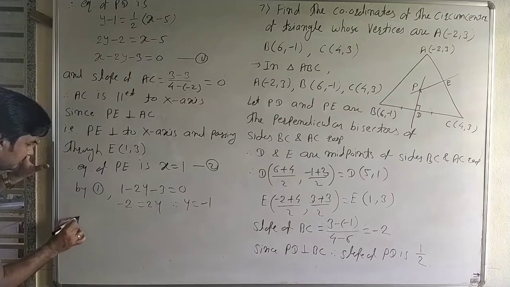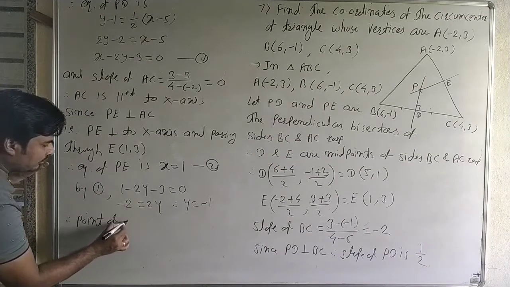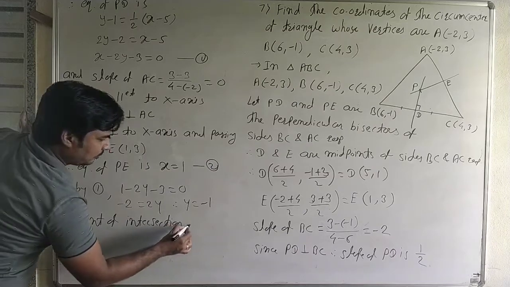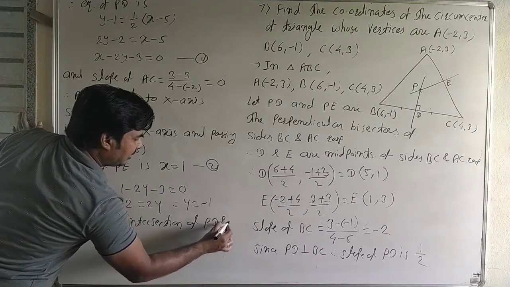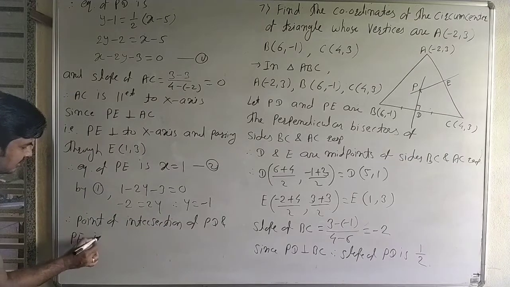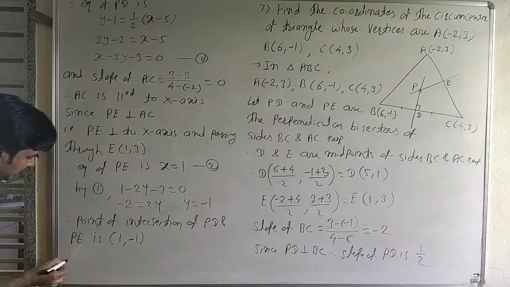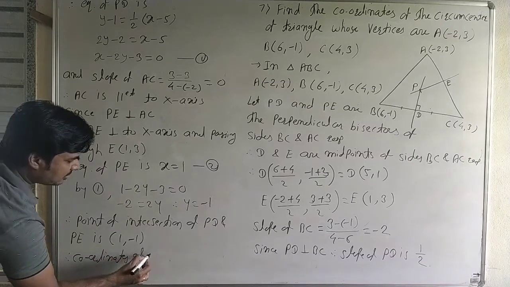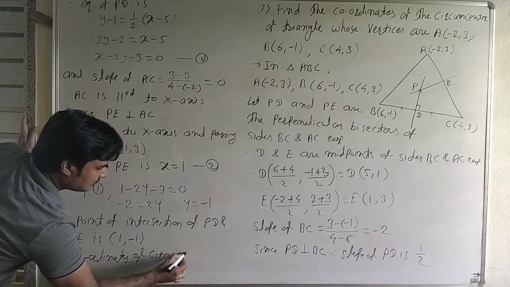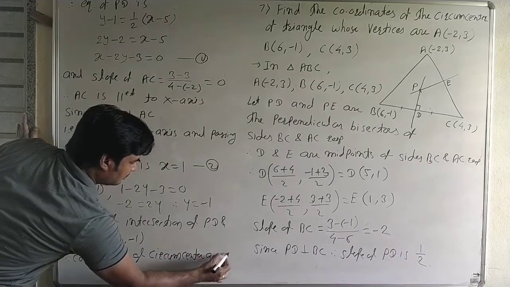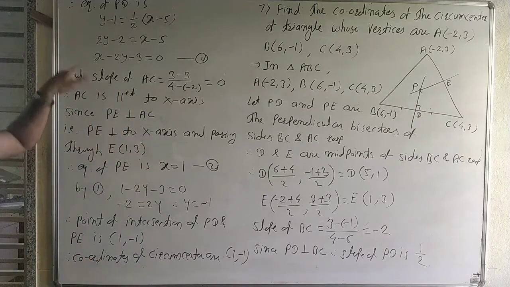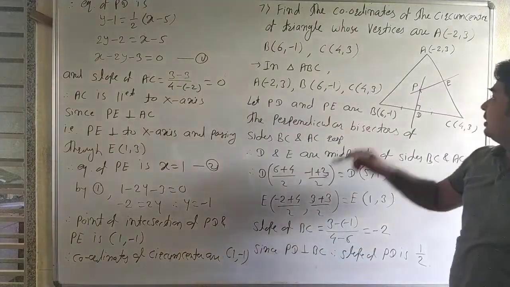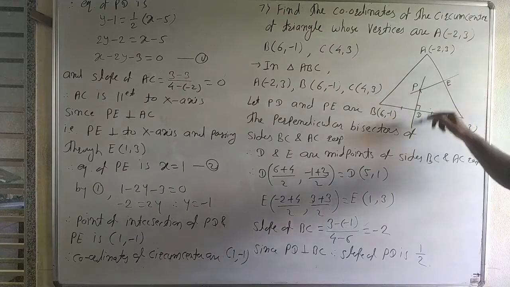The point of intersection of PD and PE is (1, minus 1), and these are the coordinates of the circumcenter. The circumcenter is the point of intersection of perpendicular bisectors.